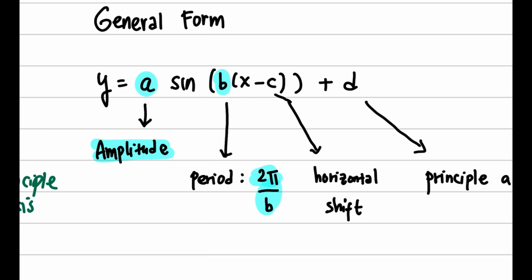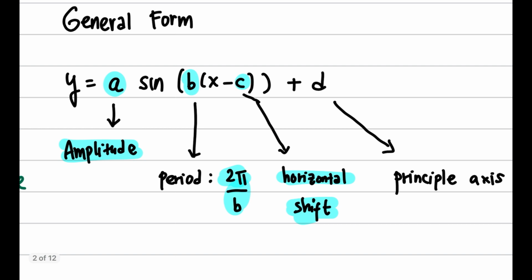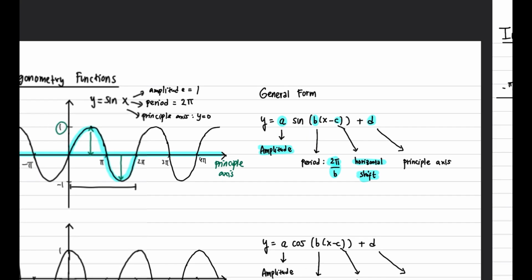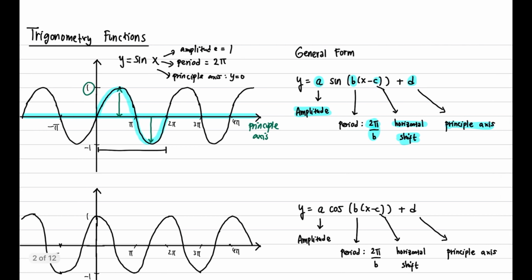The third one, c, is the horizontal shift, because we already learned about horizontal translation. When we subtract from x, that will give you horizontal translation or horizontal shift. And d is the principal axis, which means you can move the graph up and down. That will change the principal axis location. That is the first graph.